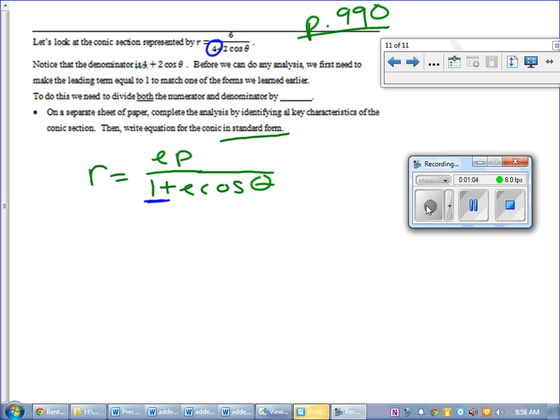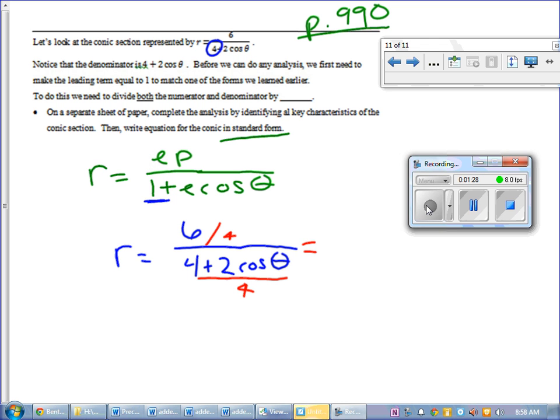So what we're going to do is take this equation that starts with a 4, and force it to start with a 1 by dividing through by 4. We're going to divide the denominator by 4, and we're also going to divide the numerator by 4.